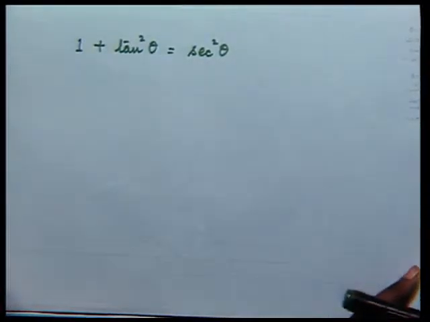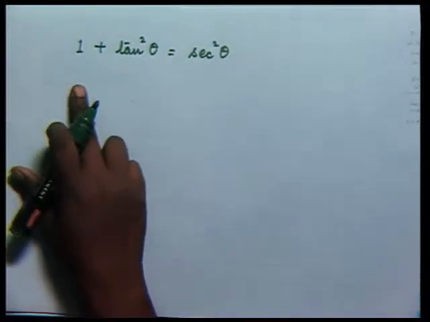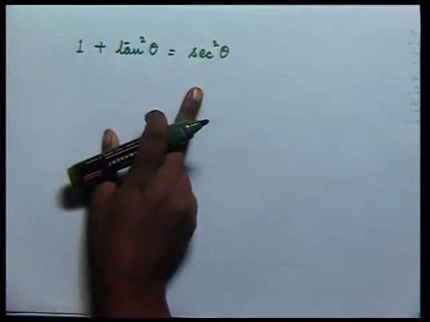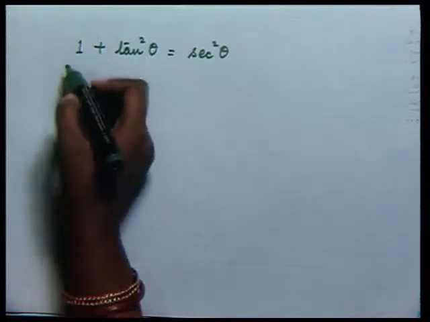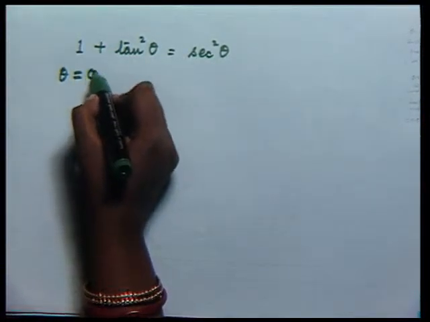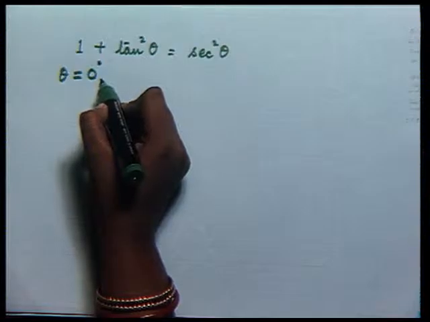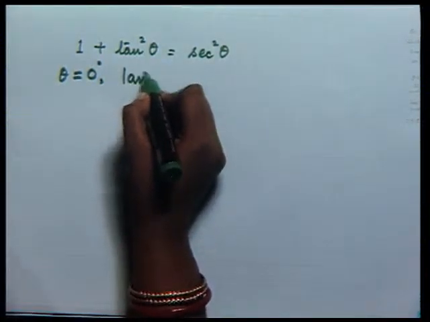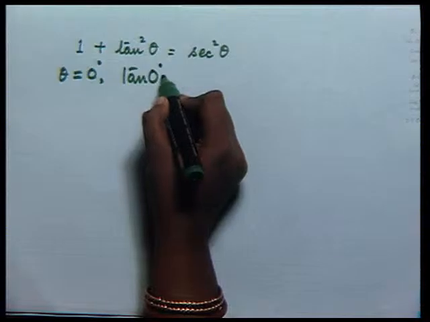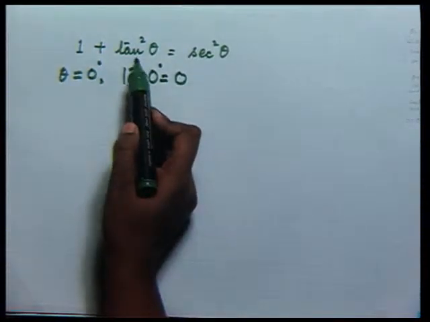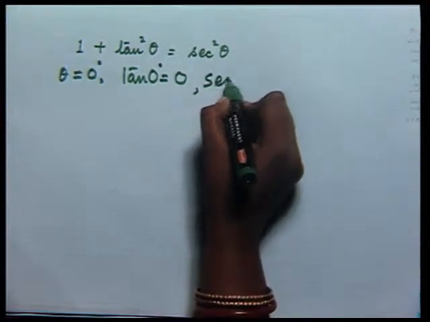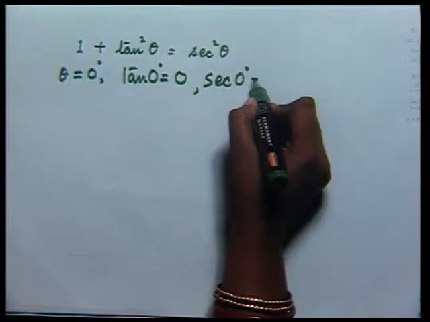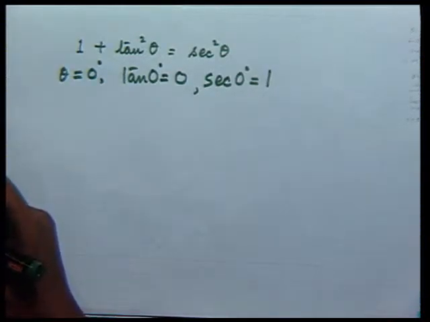Consider another equation. 1 plus tan square theta is equal to sec square theta. We would like to check whether this is an identity or not. Again here, for theta equal to 0 degree, we have tan of 0 degree is equal to 0, because tan is nothing but sin upon cos, and sec of 0 degree is equal to 1.